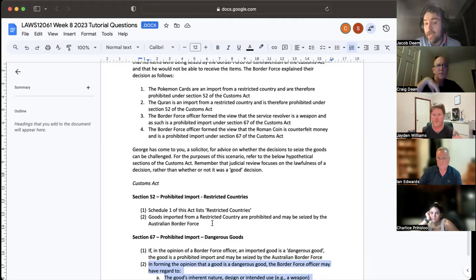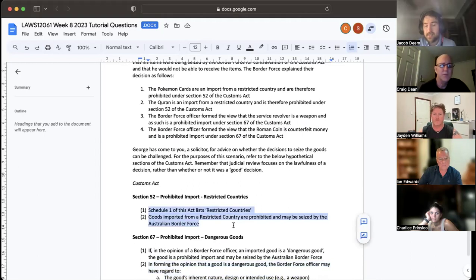Where Parliament, say under Section 52, has said, here's a clear boundary: this is when the executive can act, and this is when they can't act, the court is more than willing to compare the two and say, hang on, the Pokemon cards fall into the category of Parliament said you can't act. If it's an import from this country, it's not restricted. It's fine. They have no problem when it's nice and clear cut like that.